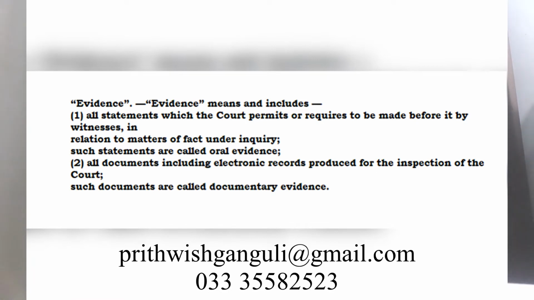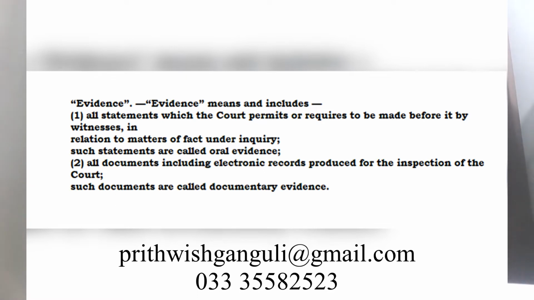What is stated before the court, that is oral evidence. And if any document including electronic records, that may be a CD, that may be a hard drive, a pen drive or anything else, that is called documentary evidence. So there are basically two types of evidence: oral evidence and documentary evidence.